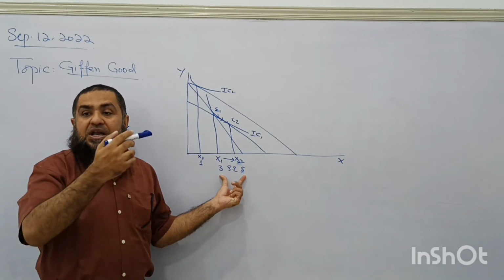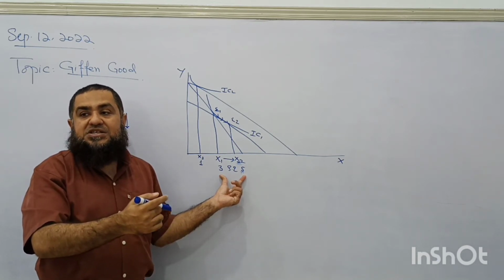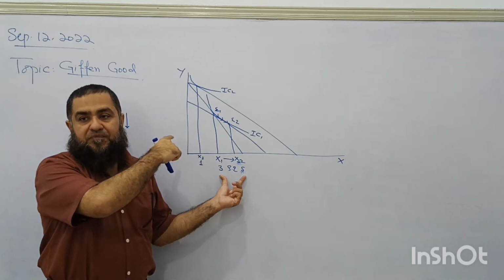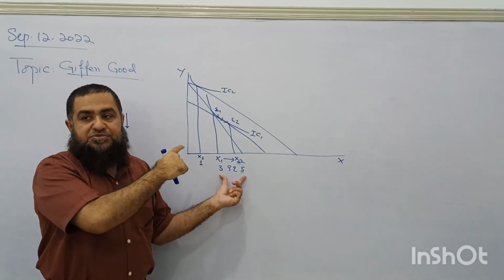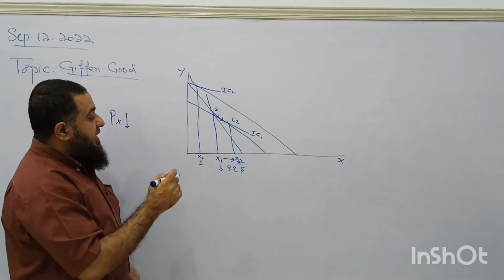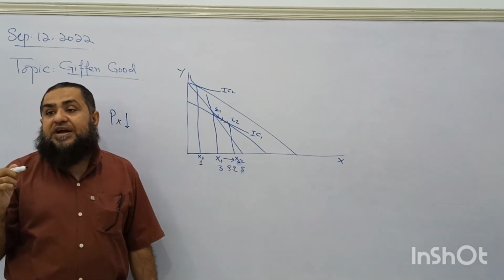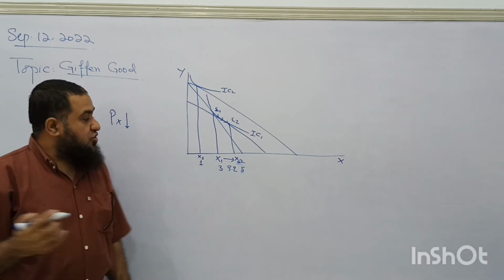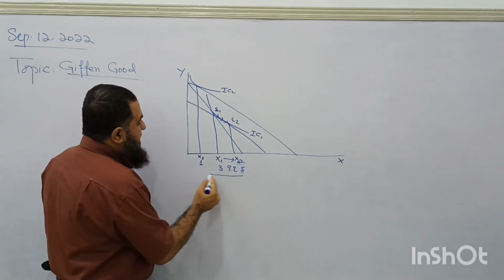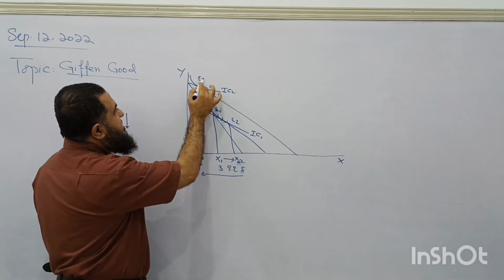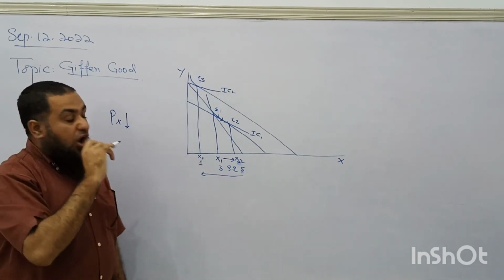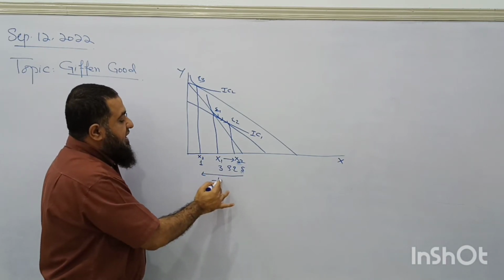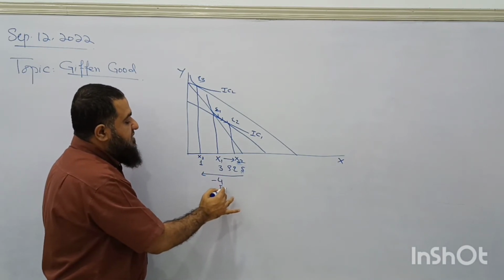It is saying buy more of X as it is relatively lower priced than good Y. Clear? So the substitution effect is positive, but the income effect says your real income has increased, so you have to buy less of this product. This is E3 now. How much is the income effect? From 5 to 1. This is negative 4. This is the income effect.